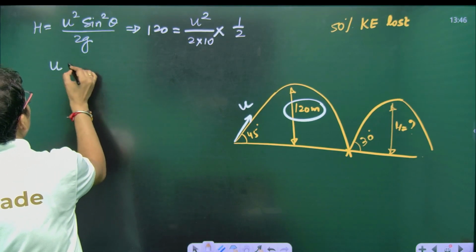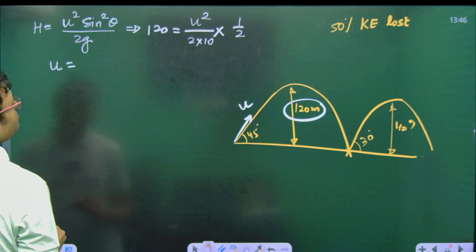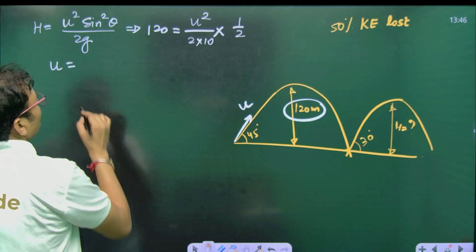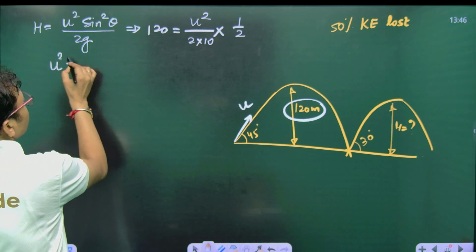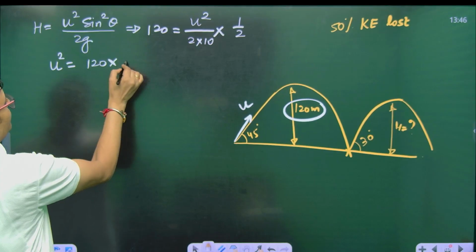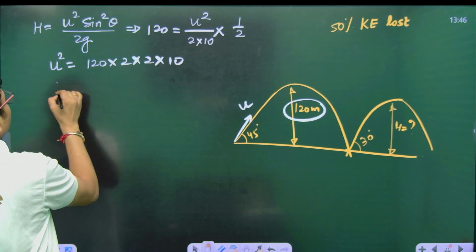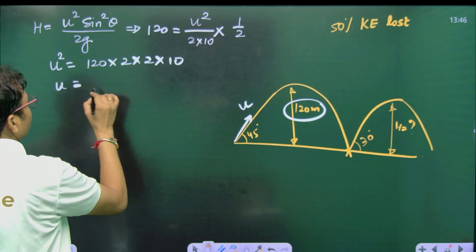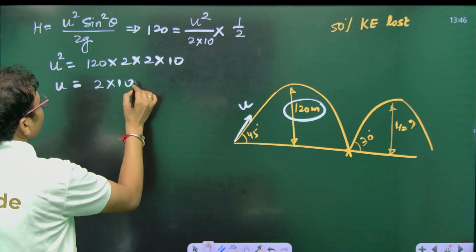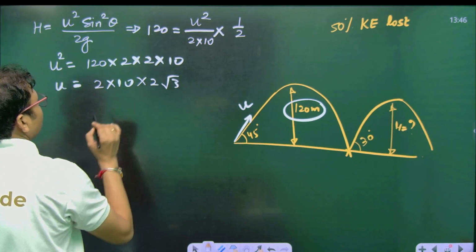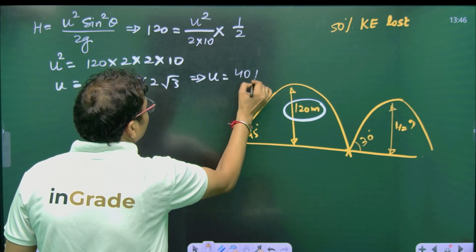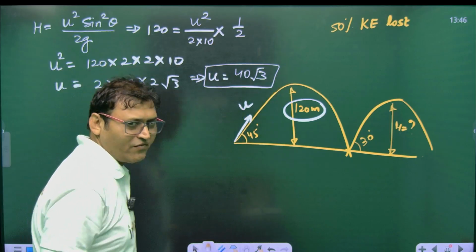So u square will become 120 into 2 into 2 into 10. So u will be equal to the square root of this, 40 root 3 meters per second. This is the initial velocity.